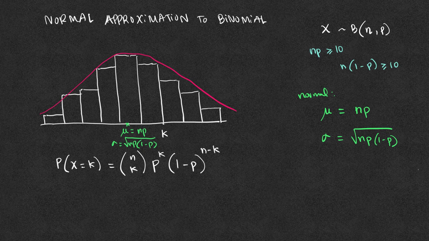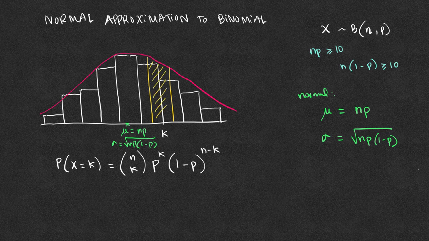With this mean and the standard deviation, we can find the probability of x equals k using the table or using technology. However, with a continuous random variable, the probability at a single point is 0, and that should not be the case. And so to correct it, we take any value k and then we add 0.5 to it and subtract 0.5 from it to get a thin strip.